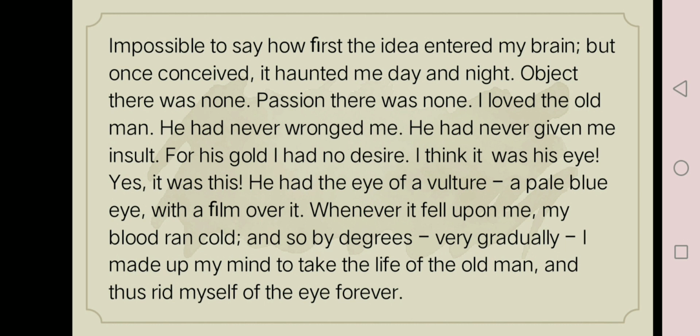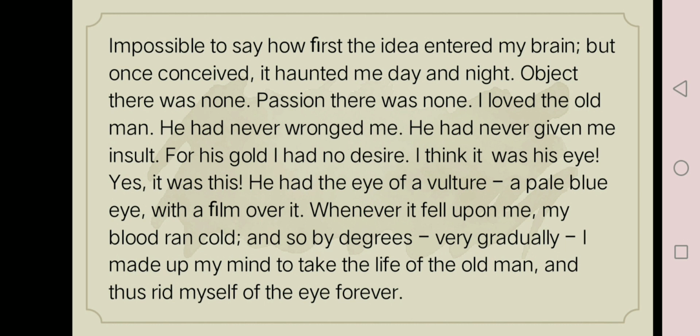He had never given me insult. For his gold I had no desire. I think it was his eye. Yes, it was this. He had the eye of a vulture, a pale blue eye, with a film over it. Whenever it fell upon me, my blood ran cold, and so by degrees, very gradually, I made up my mind to take the life of the old man and thus rid myself of the eye forever."